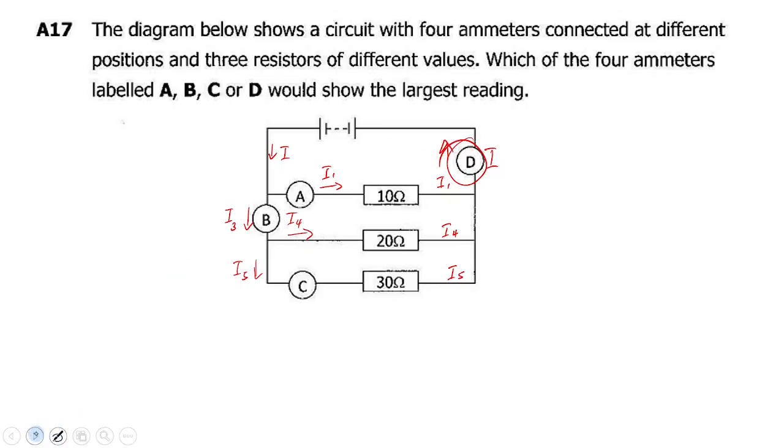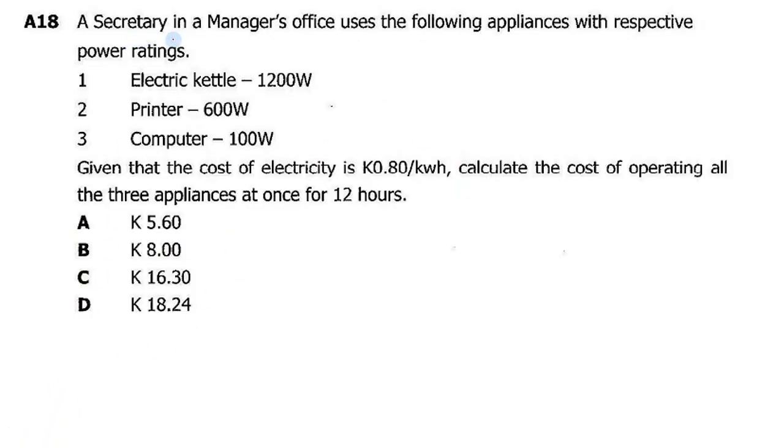Okay, we continue. A secretary in a manager's office uses the following appliances with respective power ratings. Electric kettle 1200 watts, printer 600 watts, then a computer 100 watts.